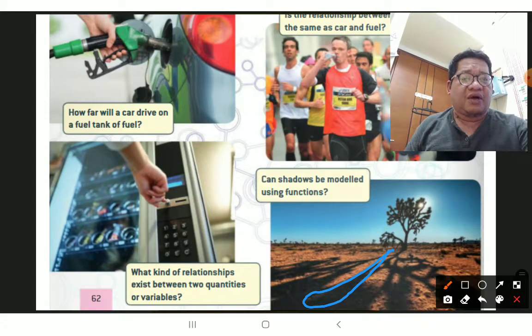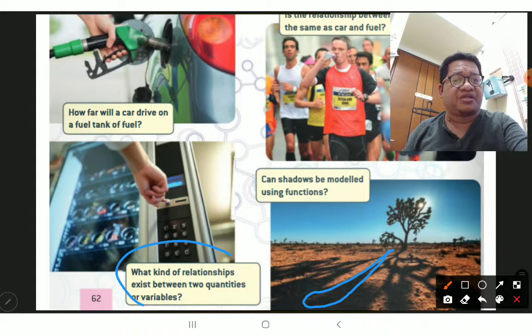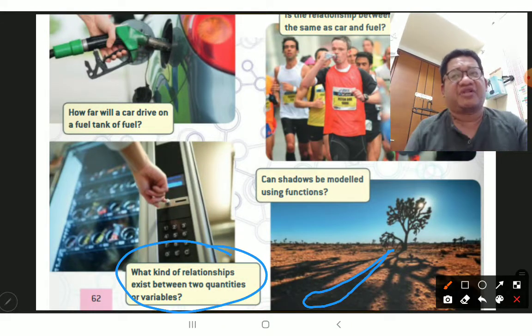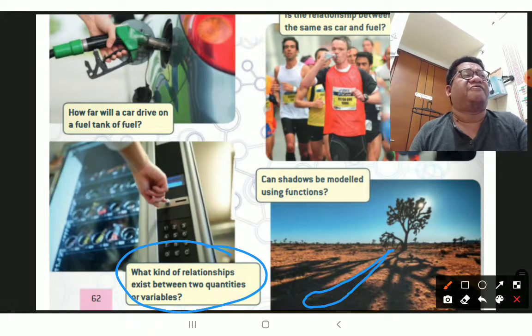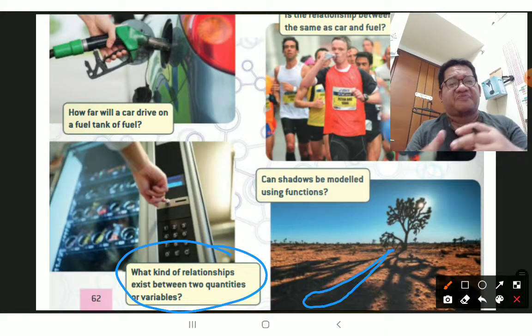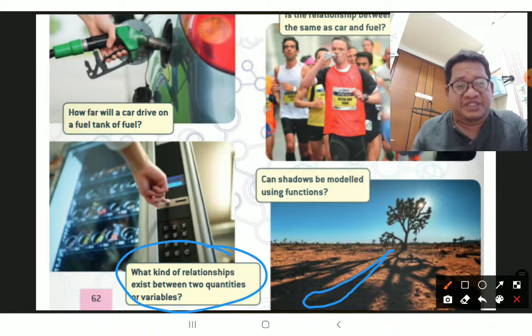Now, what kind of relationships exist between two quantities or variables? For example, if you take more appliances, what will happen to your electricity?